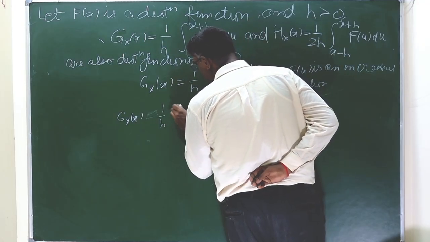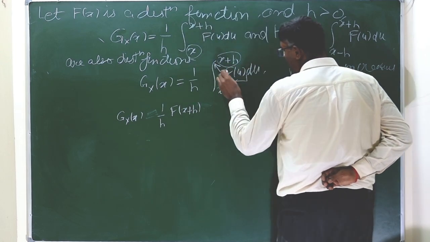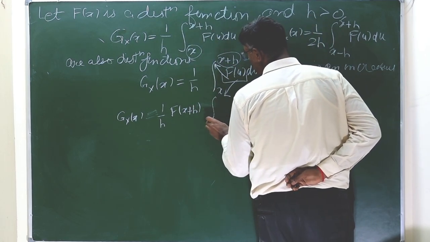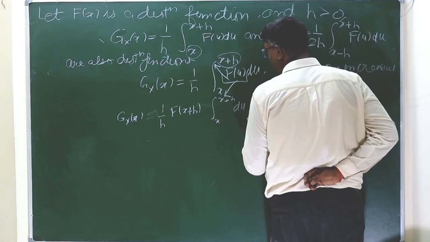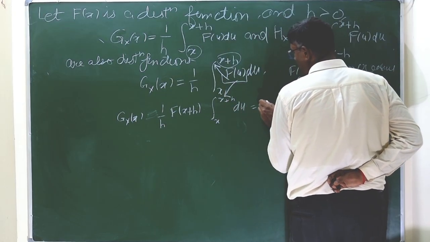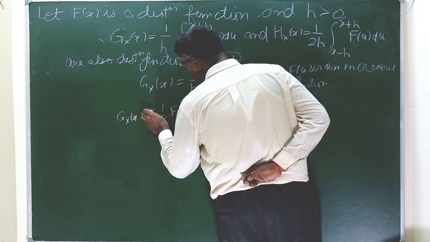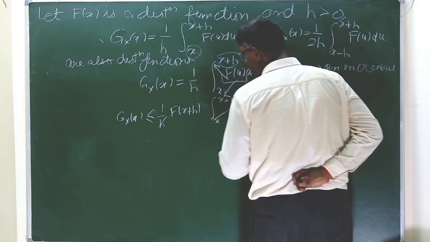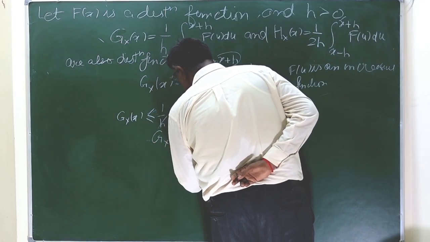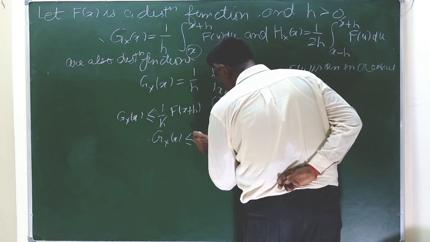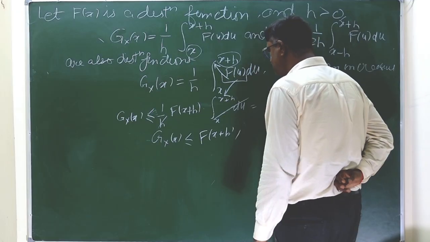So we will take f of x plus h outside the integration, and if you integrate from x to x plus h of du, we will get h, so this will cancel out, and we will get g(x) is less than or equal to f of x plus h. So this we have established.